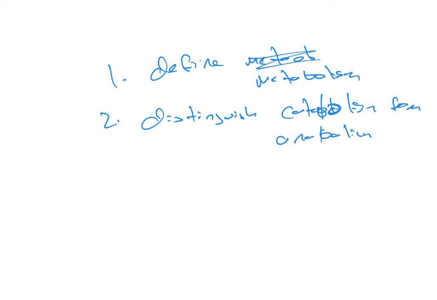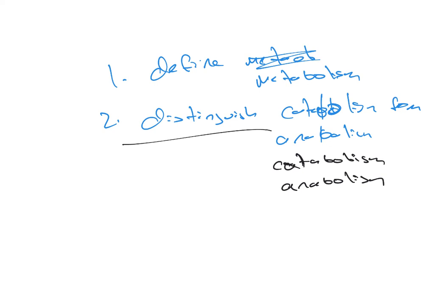Guys, I know I'm not great with this. I'm just lazy, but I say these words all the time. Catabolism and anabolism. Distinguish means make clear the difference. If I show you a reaction, you can tell me if it's anabolic or catabolic.